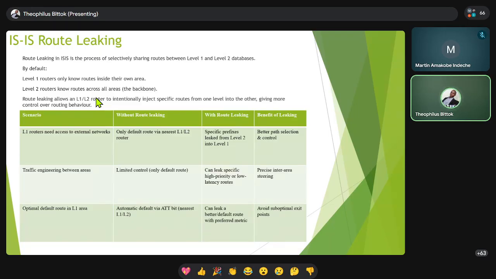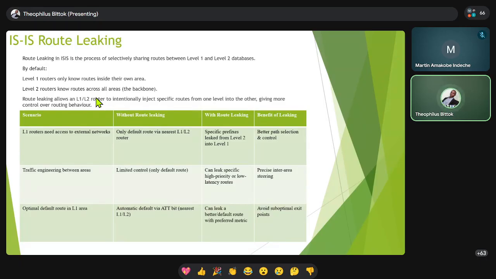But let's say, for example, you would like to do some traffic engineering. Assume an L1 router has a connection to one L1 L2 router and another connection to another L1 L2 router.